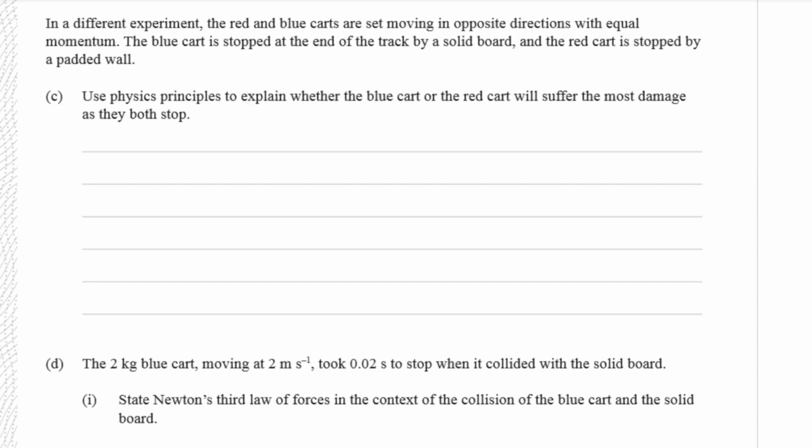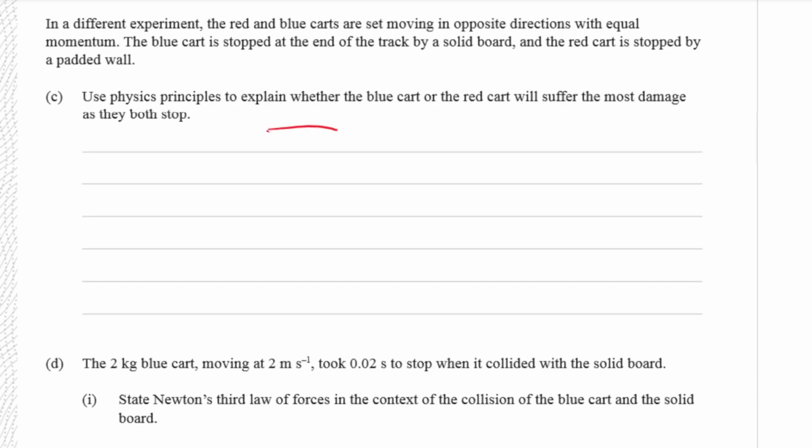In a different experiment, the red and blue carts are set moving in opposite directions. Okay, as in one's going right, one's going left, where the blue cart is stopped by a solid board and the red cart is stopped by a padded wall.